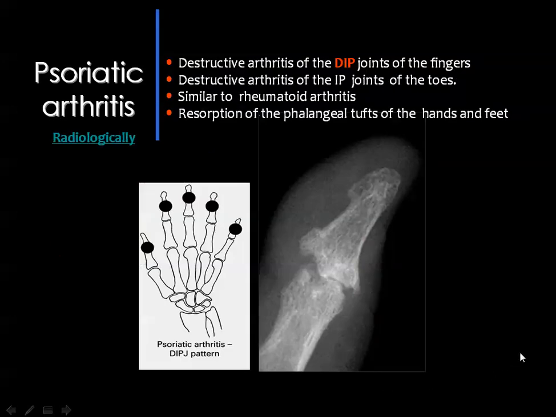The manifestations of psoriatic arthritis are almost similar to those of rheumatoid arthritis, except for some differences. We have destructive changes in the distal interphalangeal joint with erosive changes related to the articular surface.